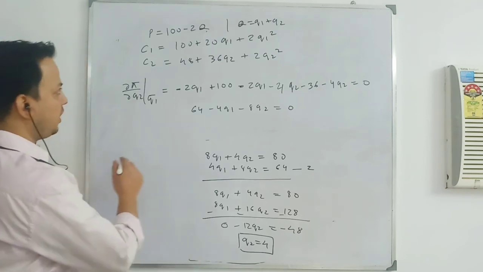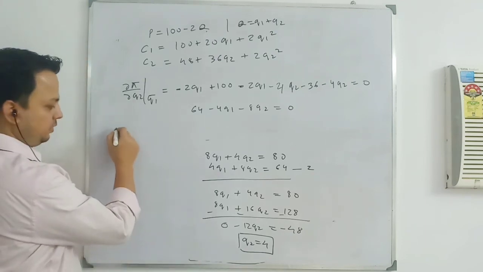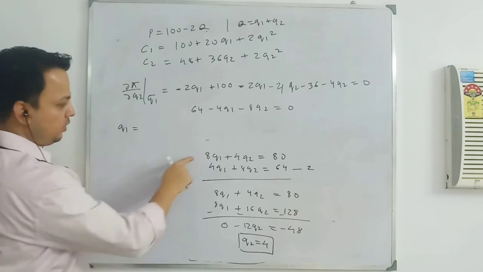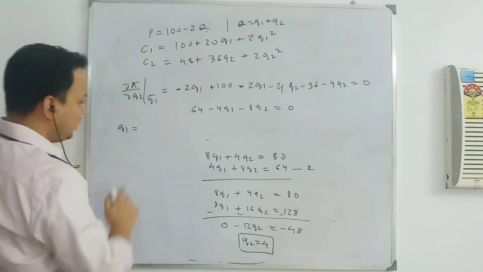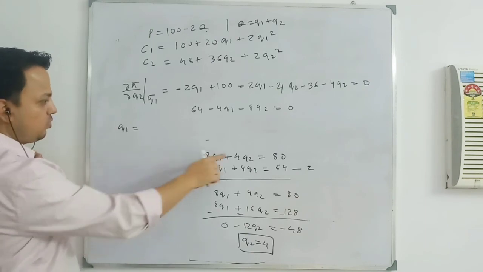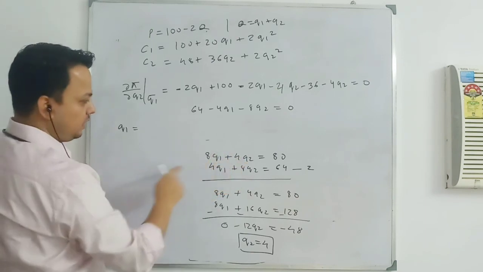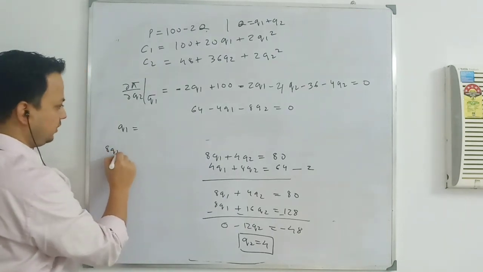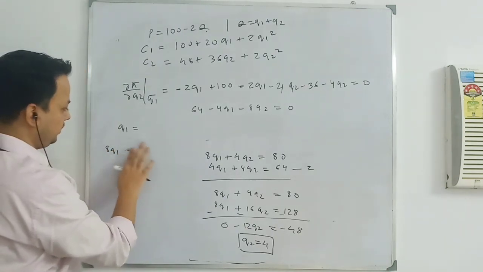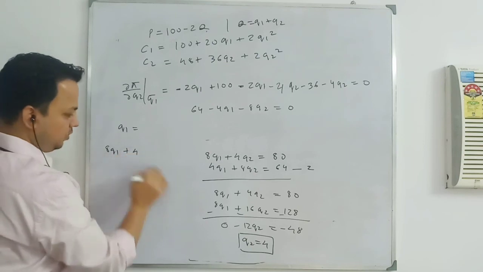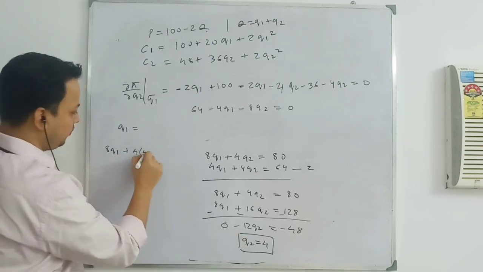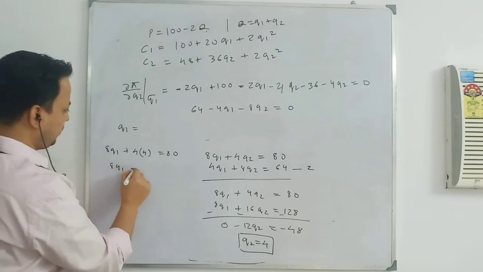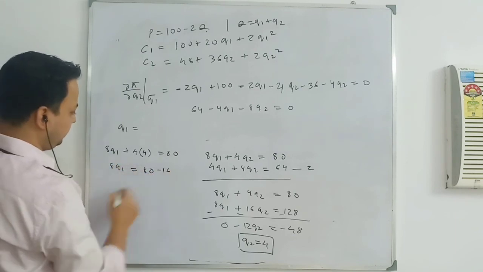Okay, q2 is 4. Output of second firm is 4. Okay, what is the output of the first firm? q1. How will I take out q1? Put it in any one of the two equations, and you will get q1. So I know q2. Let me put it in equation 1. So I have 8q1 plus 4 times, what is the value of q2? 4, equal to 80. 8q1 equal to 80 minus 16.